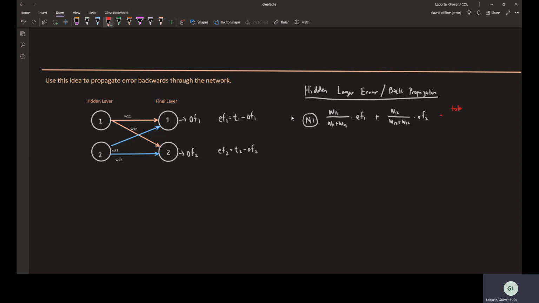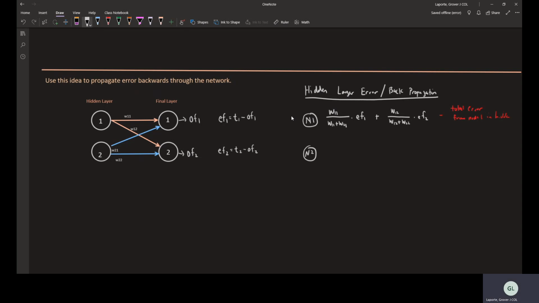So total error from node 1 in the hidden layer. Now let's look at node 2.